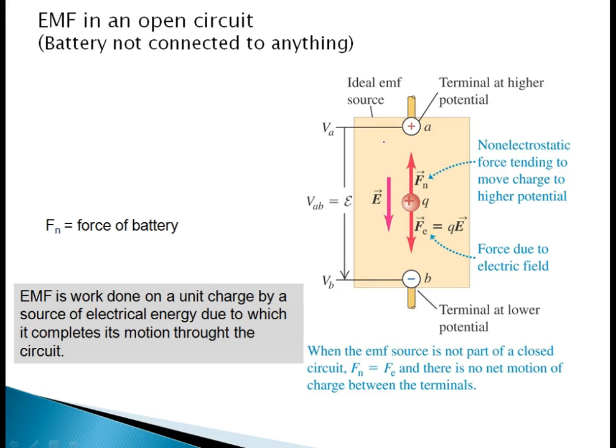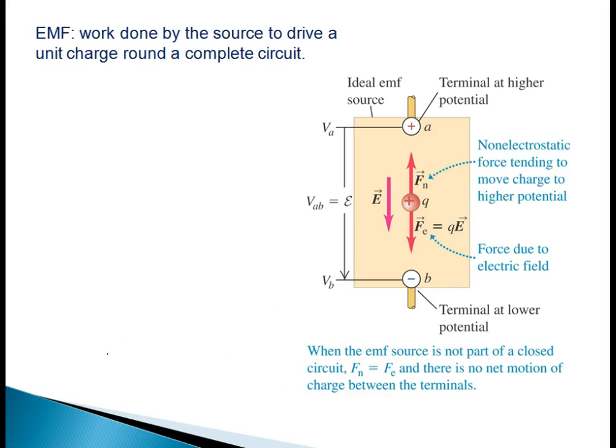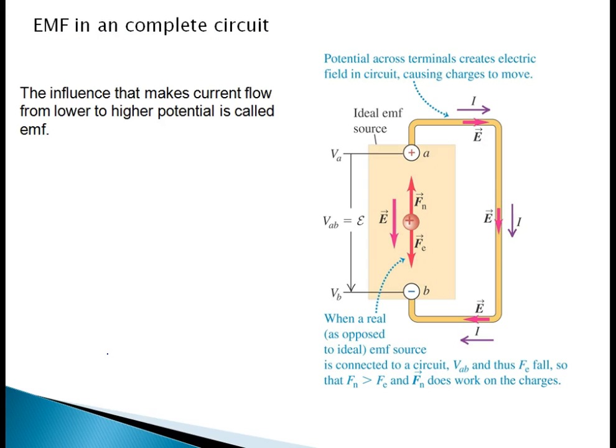Is it clear? But at the same time, here the positive charge, here the negative charge, we know an electric field will also develop there. So when the EMF source is not part of the closed circuit, both the forces will be the same and there is no net motion of the charge between the terminals. Okay?